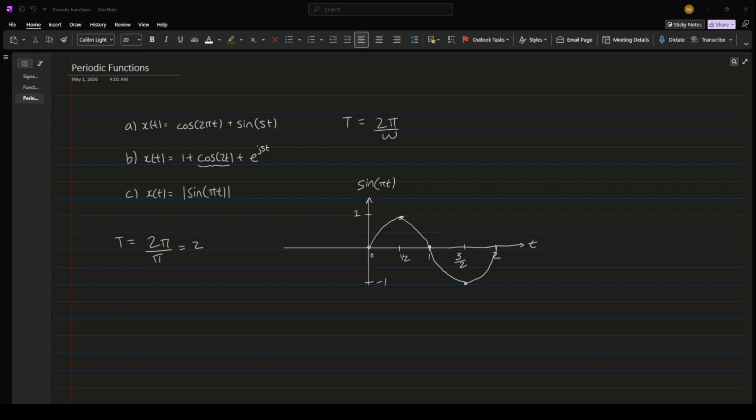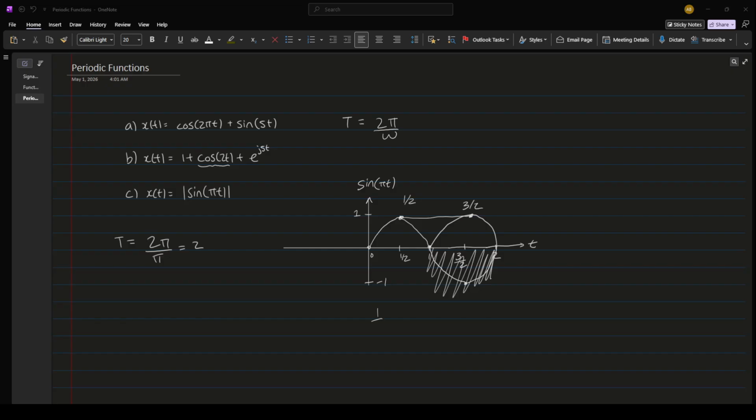Now, because we have absolute value, this section here is just going to be eliminated and is going to turn positive. So something like this, which, if we look graphically, we see that we went from 1 over 2 to 3 over 2.